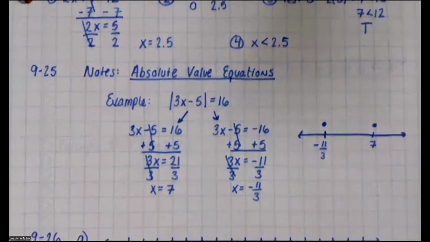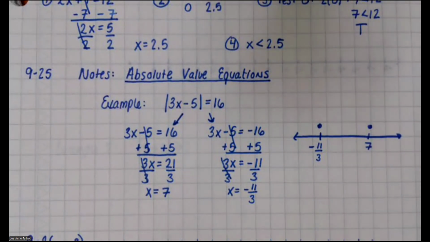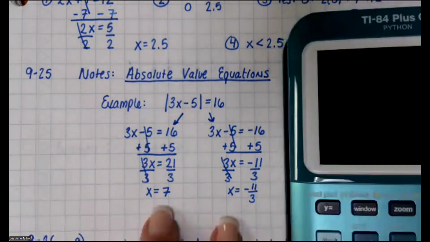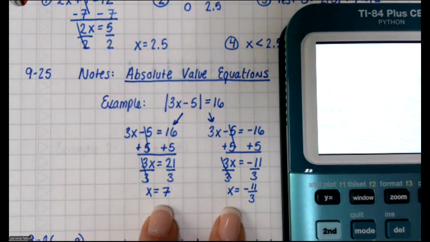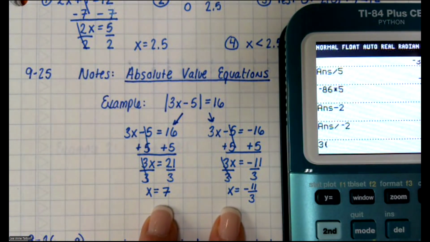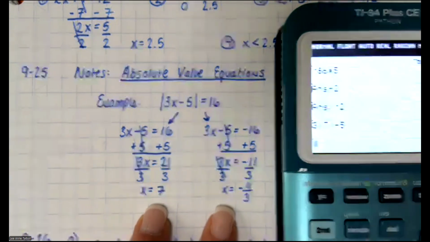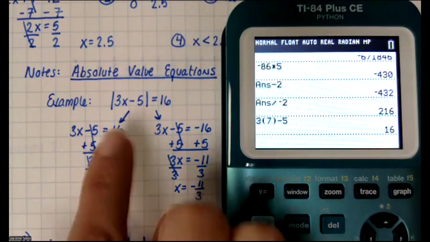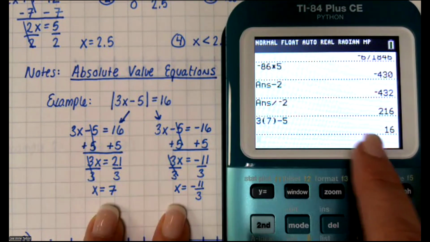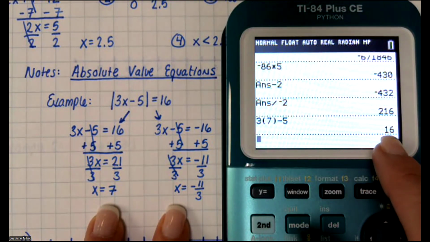Okay. Now, is anyone having any trust issues with what I did? If you are, it's okay. What is 3 times 7 minus 5? If I plug it back in, is the absolute value of 16, 16? Yeah. Okay.